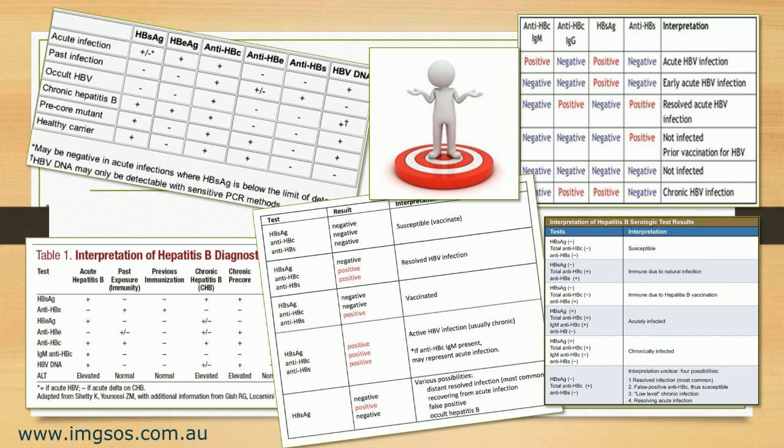I think one of the reasons that we struggle with hepatitis B serology is that it's often taught to us in a tabulated form. Here's all the results, here's all the possible permutations and combinations, go away and rote learn it.